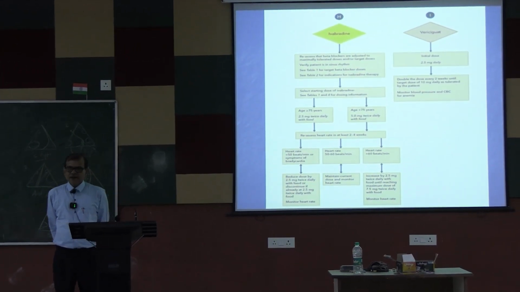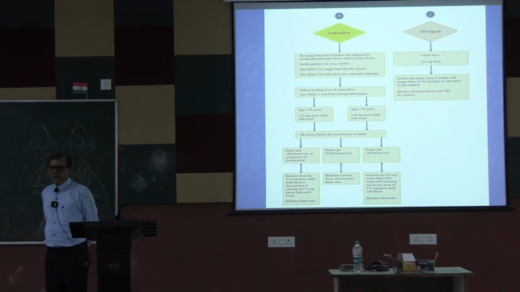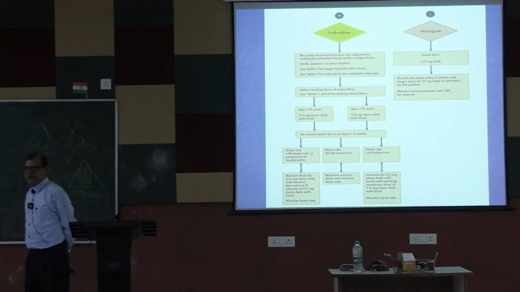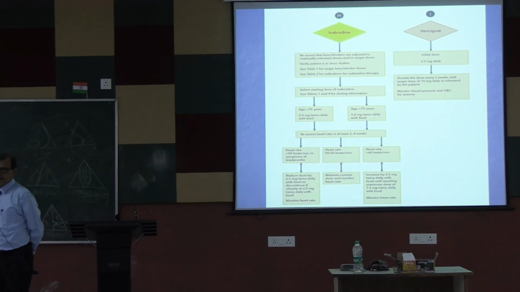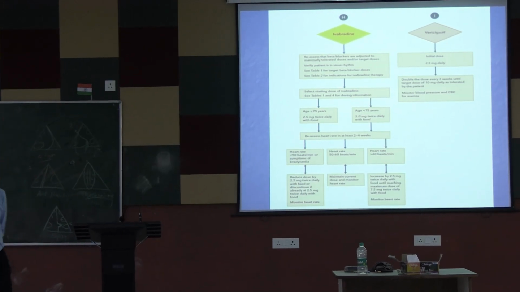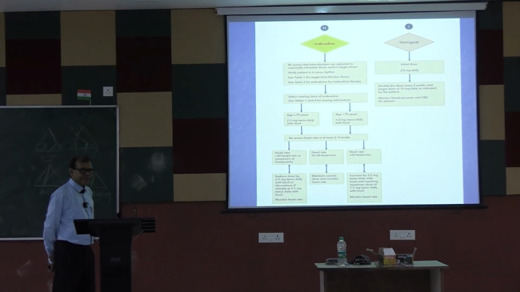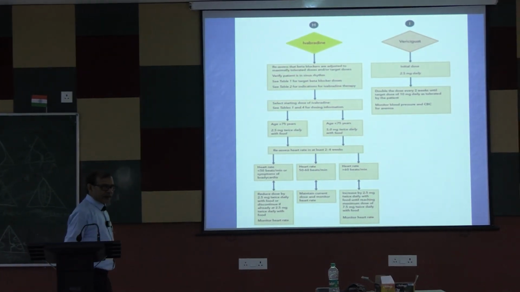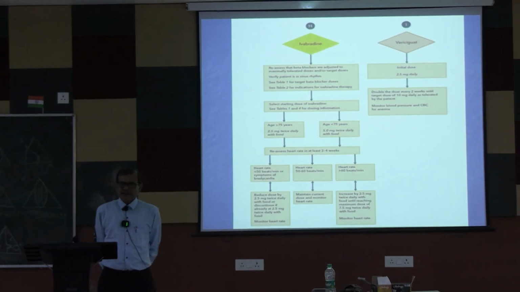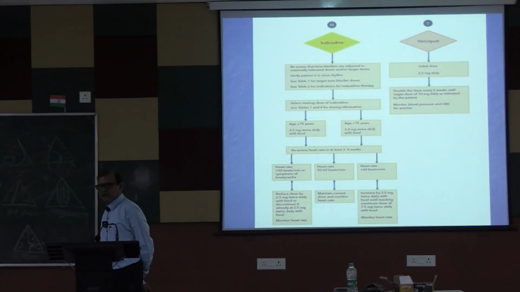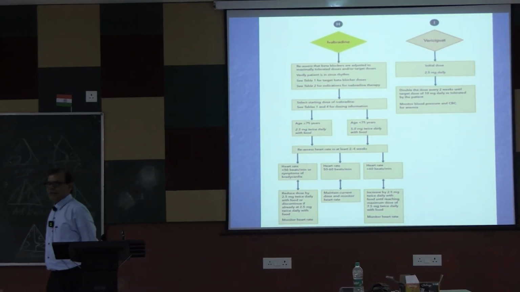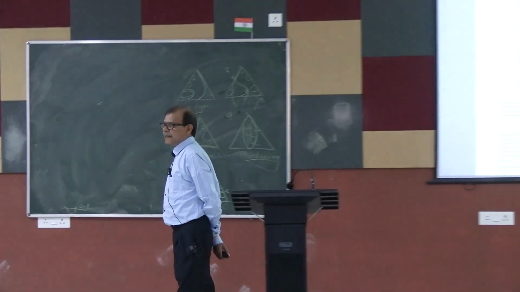Initiation of therapy should depend on the age of the patient. If age is less than or equal to 75 years, begin with a dose of 5 mg twice a day. If age is more than or equal to 75 years, we should start with a dose of 2.5 mg twice a day.